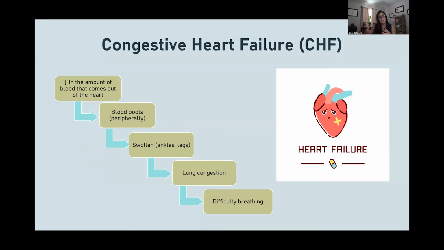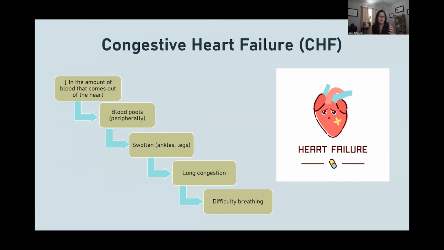And then as it comes back up, it starts backing up into the heart, especially if that right side of the heart fails. I'm going to explain this a little bit in a few more slides.